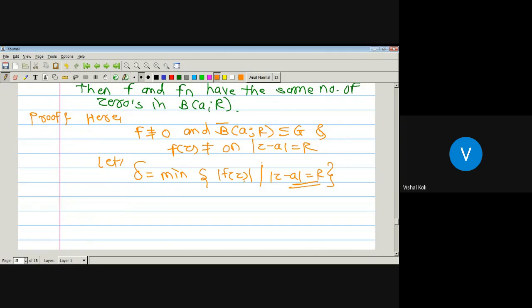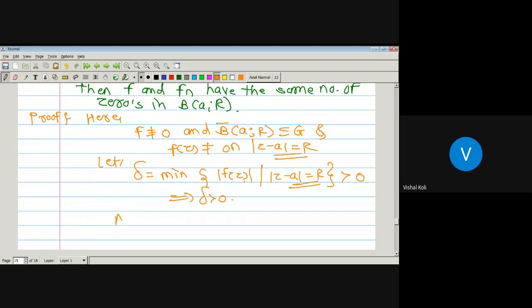As f of z is not equal to 0 on this boundary, modulus of f of z is never equal to 0. As it is a modulus, it must be greater than or equal to 0, and since it is never equal to 0, it is obviously greater than 0. Whenever we take the minimum of values greater than 0, that minimum is also greater than 0. So delta is greater than 0.